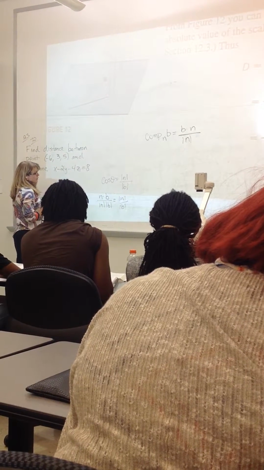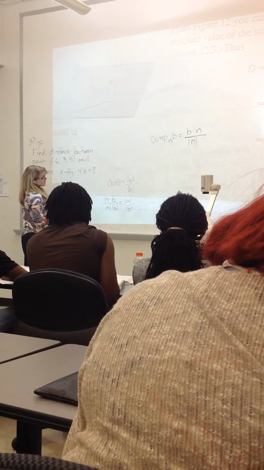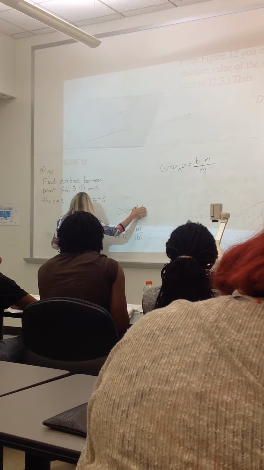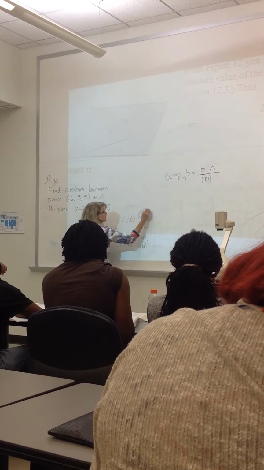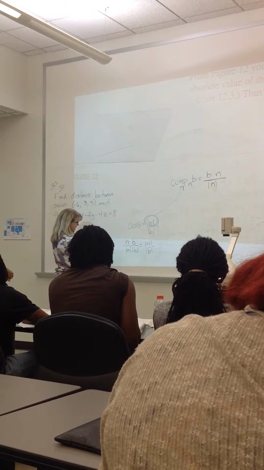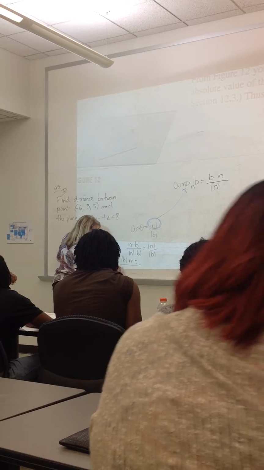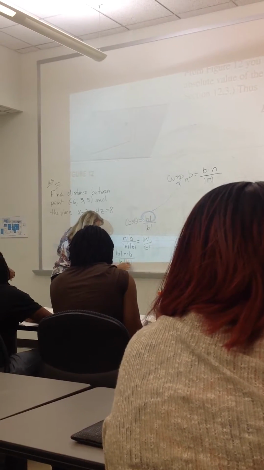If I were trying to solve for the component, then I want to multiply by the length of vector b. And again, I'm going over this because I know one day we were rushing through this in class.